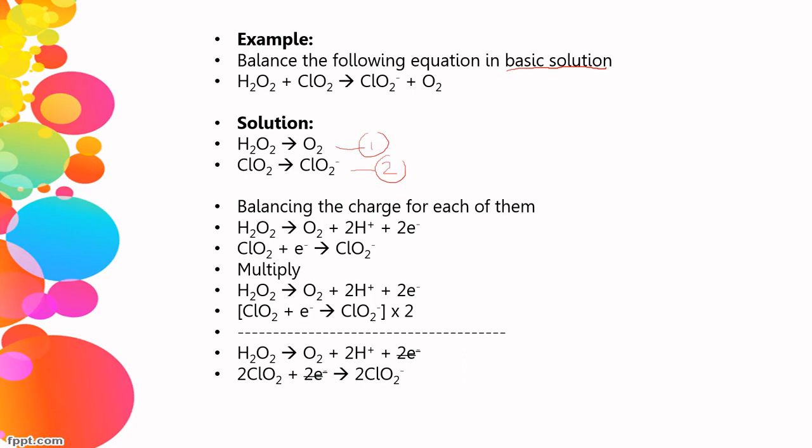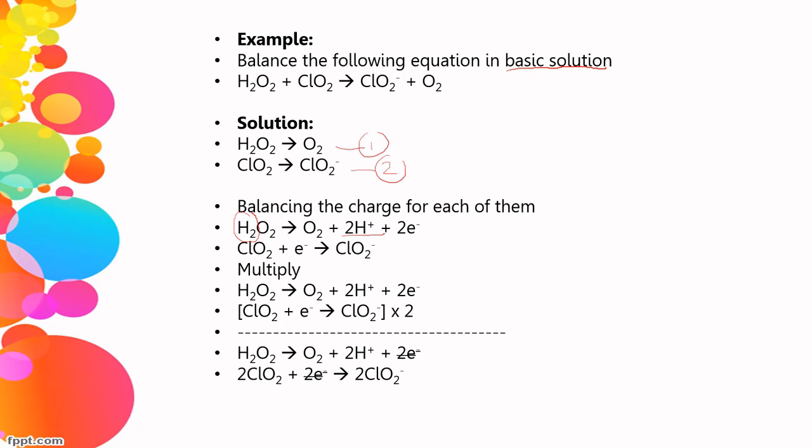This is 2 hydrogen, so we need to add 2 hydrogen plus. In the second half equation, the chlorine atom is balanced, and the oxygen atom is also balanced. So we don't need to add any water or hydrogen plus to this equation.